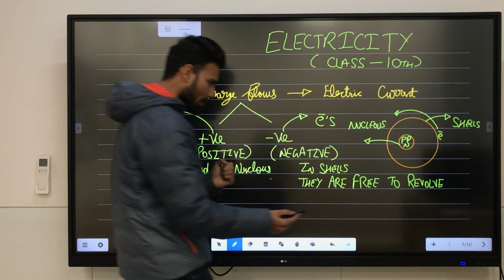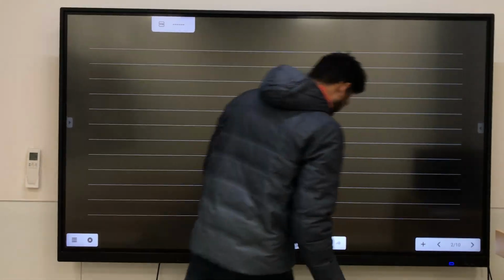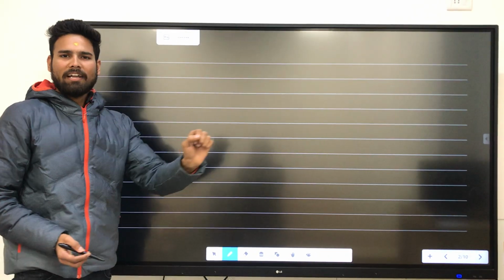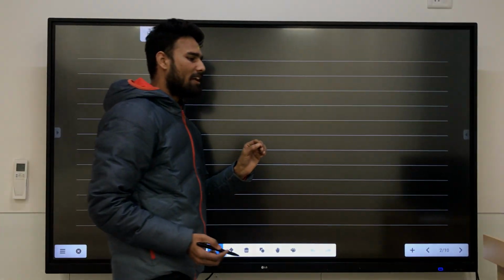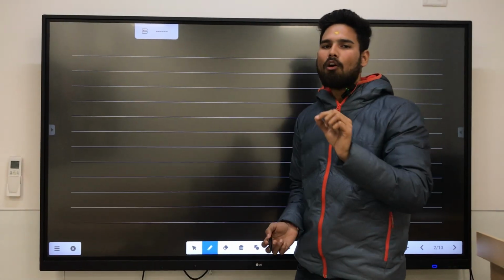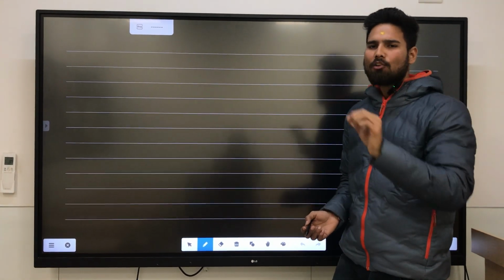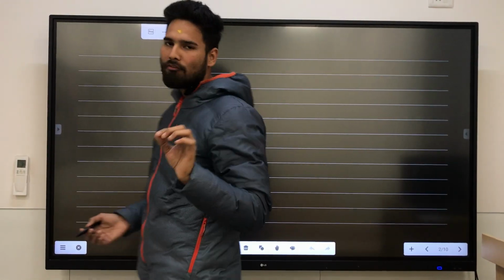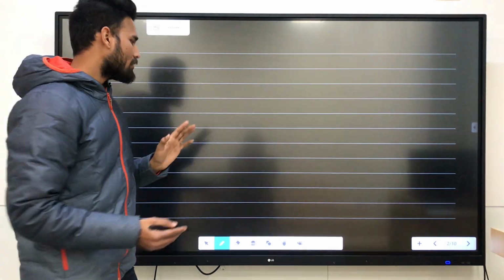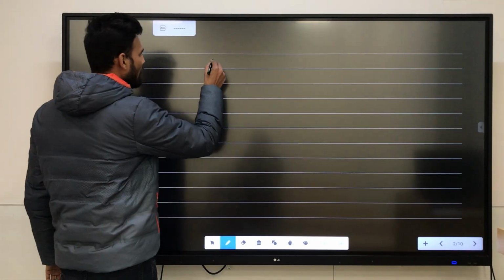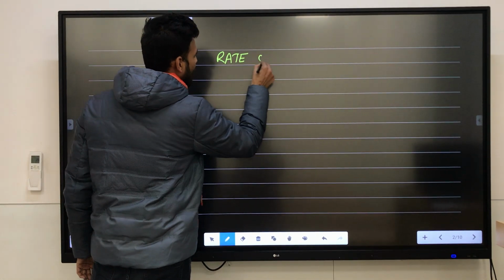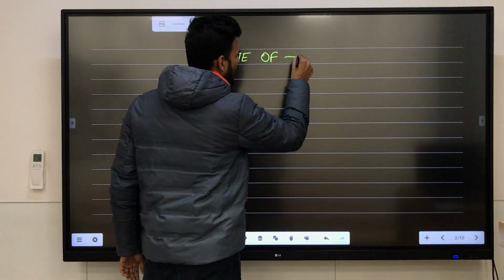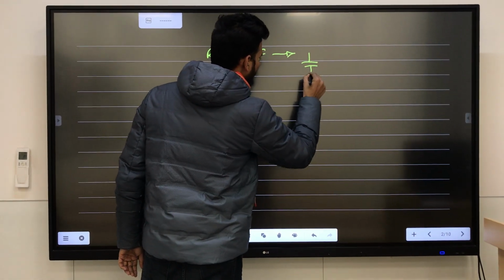The electric current can be defined as the rate of flow of charge through any cross section of the conductor. Whenever I talk about rate, it means 1 by t.